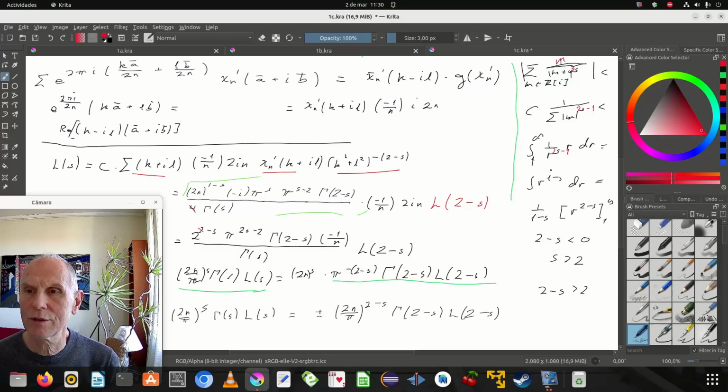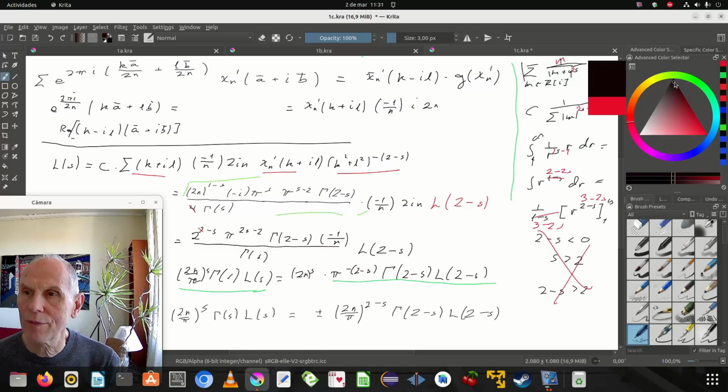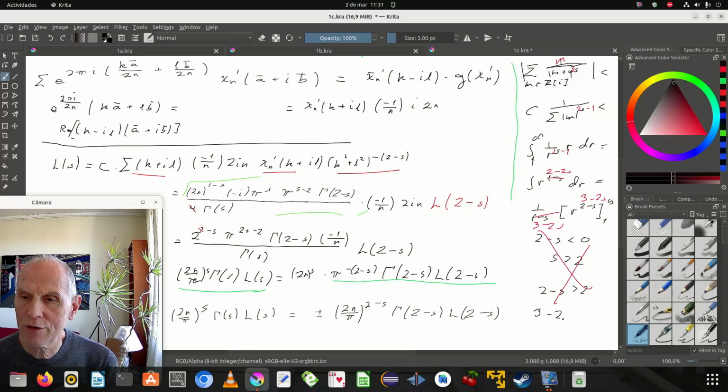So that's 2 minus 2s, and then this constant becomes 3 minus 2s, and that means we must have 3 minus 2s being negative, so s is smaller than 3/2.